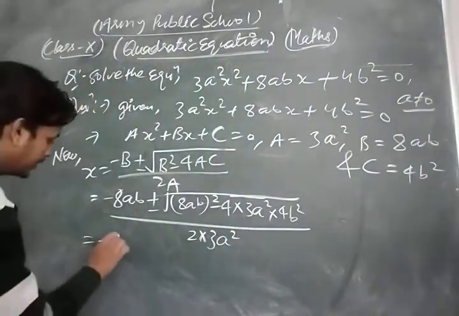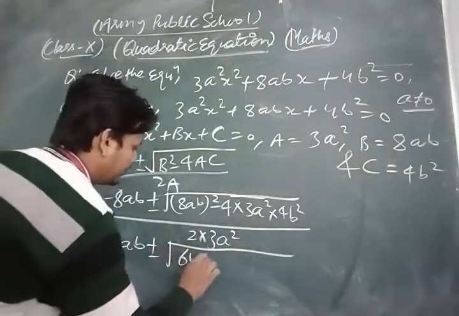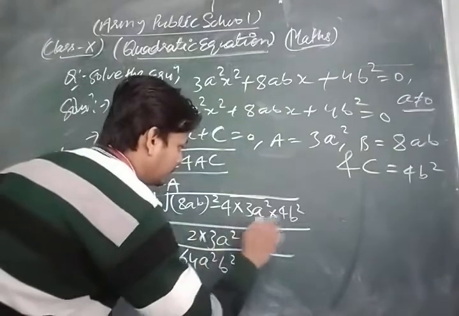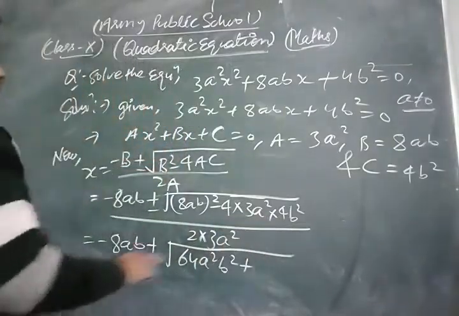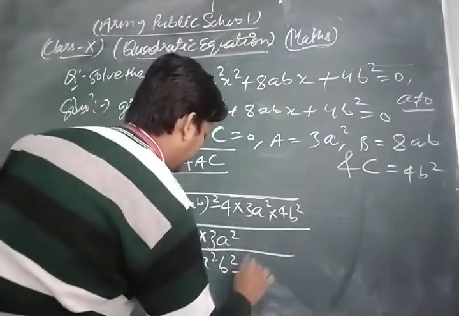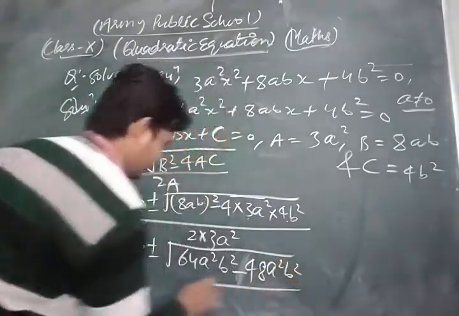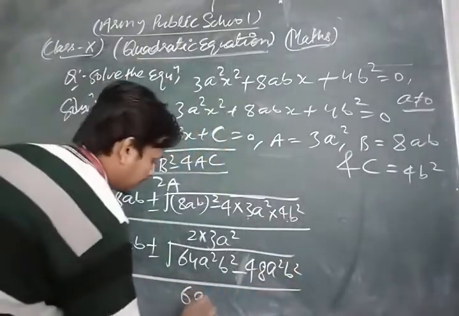Now look, minus 8ab plus minus the square root of 64a square b square minus 48a square b square, divided by 6a square.